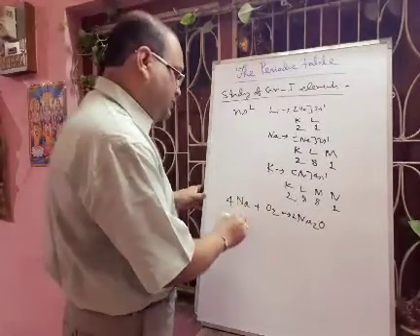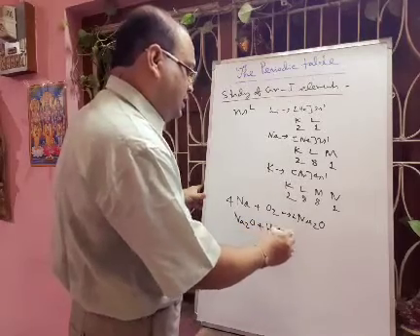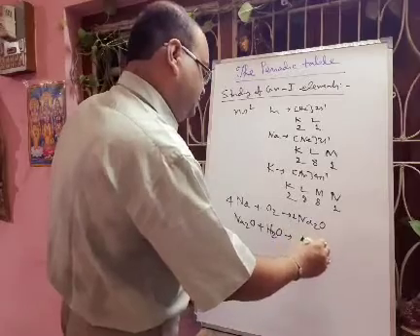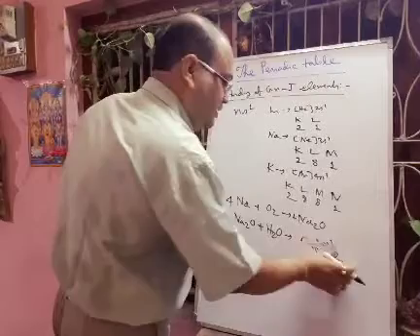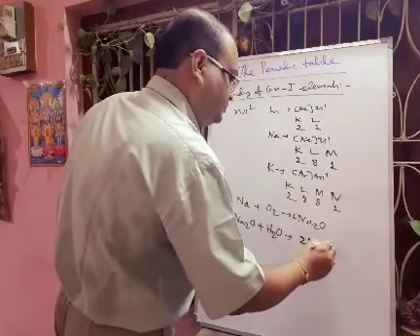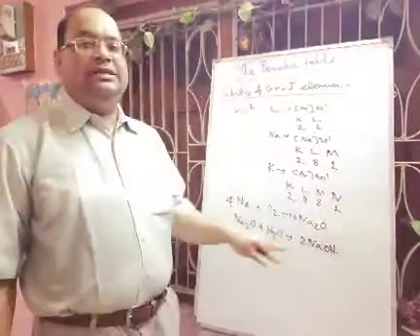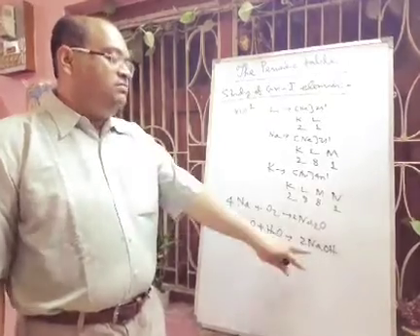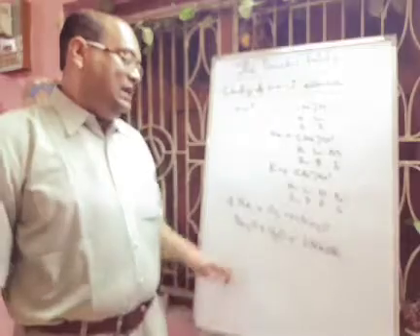And this sodium oxide is basic in nature and will react with water to form sodium hydroxide, twice NaOH. Sodium hydroxide, okay. So in this way they will form alkali. That is why they are called alkali metals.